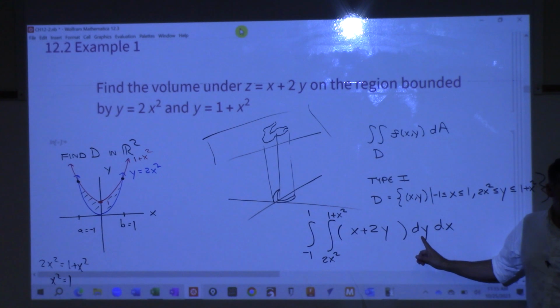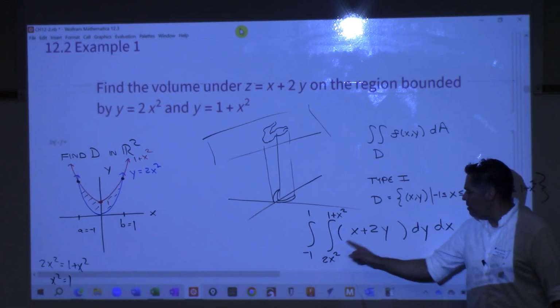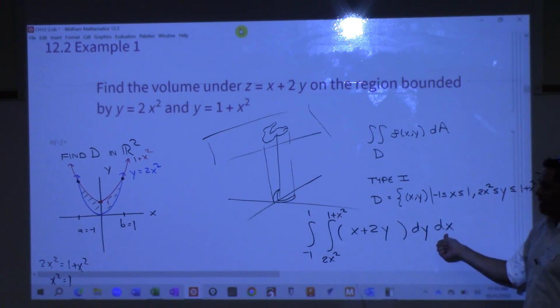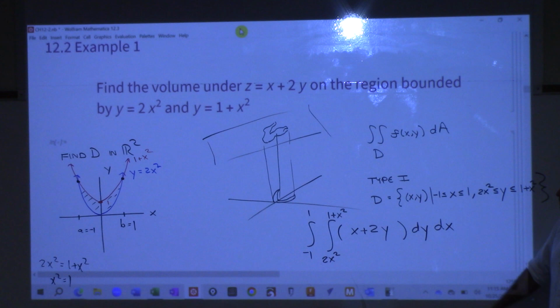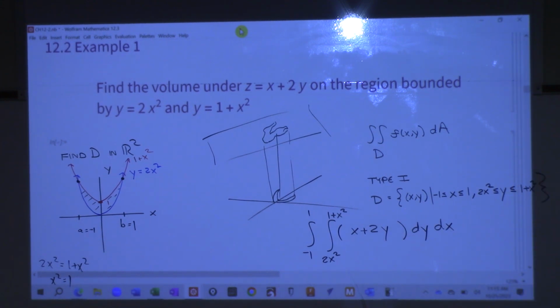No, it's implied with the dy. Good question. These are the restrictions on y, because the first integral is with respect to y. These are the restrictions on x because the outer integral is with respect to x. Now, when I do the fundamental theorem of calculus and the evaluation bar, I will put y equals or x equals. All right, so I think we're there.